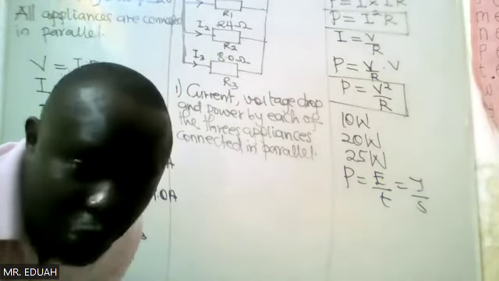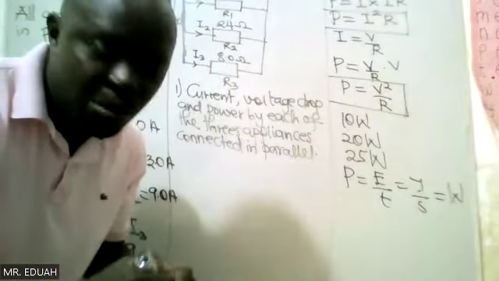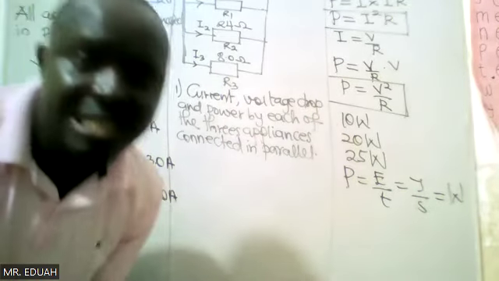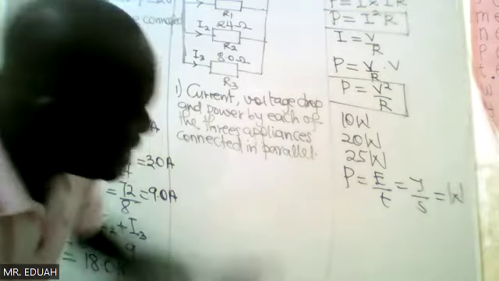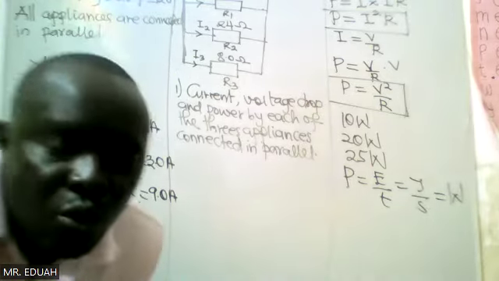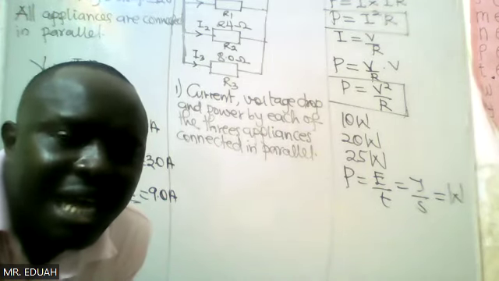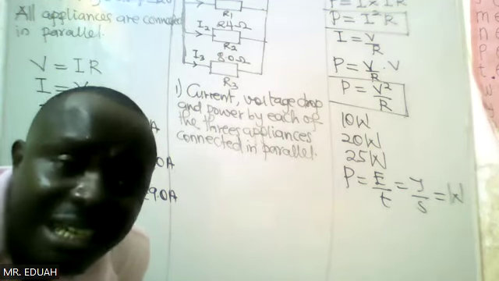And so joule per second was changed to watts. If I pick a bulb whose power rating is 10 watts, technically what it means is that this bulb would convert 10 joules of electrical energy to light energy.